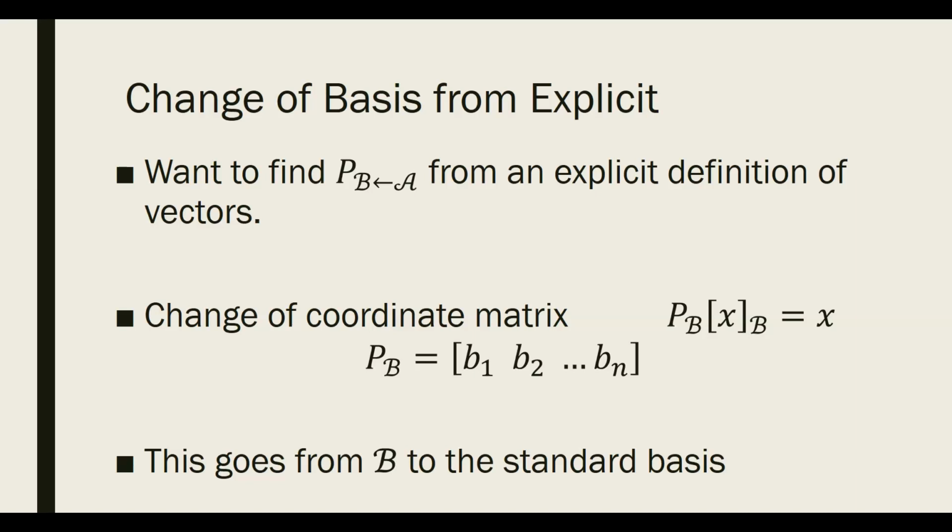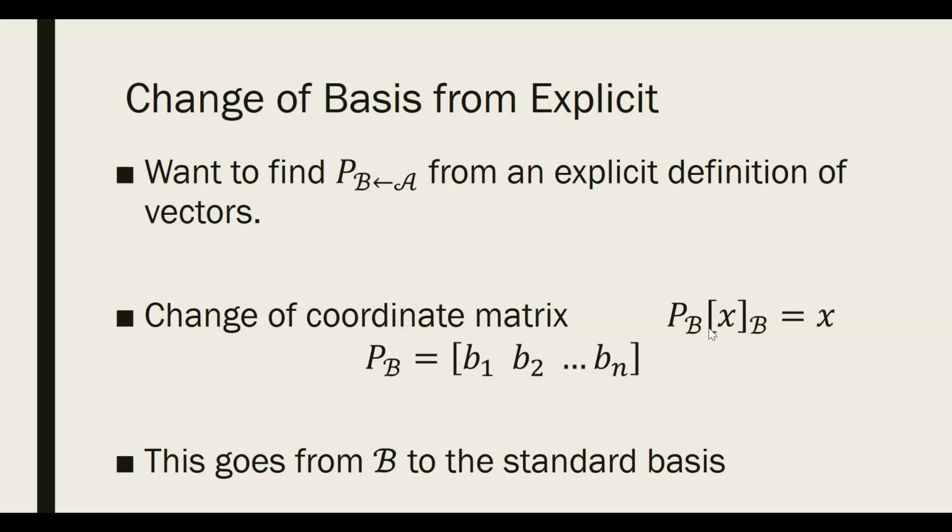Well, this is a spot where we use what we learned before. Remember what we did before. We had this change of coordinate matrix, P sub B. And the columns of that matrix were my basis elements, B1, B2, all the way to Bn.